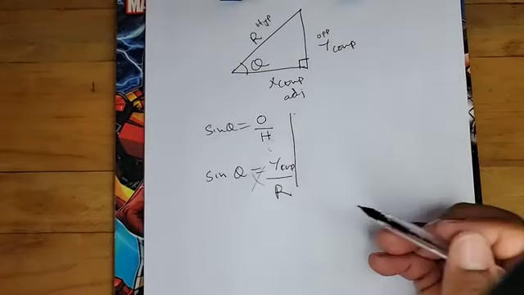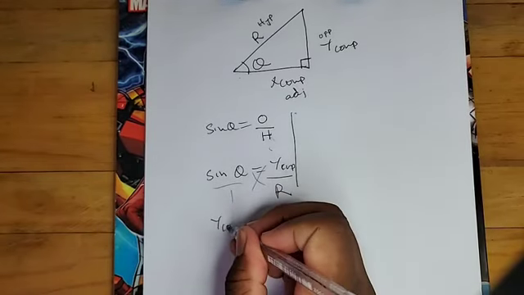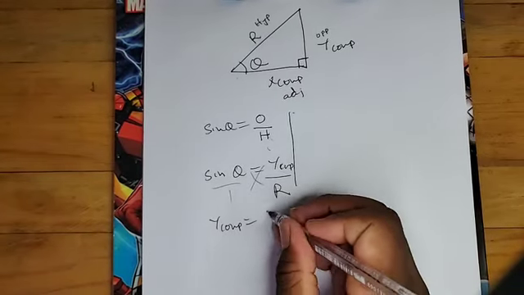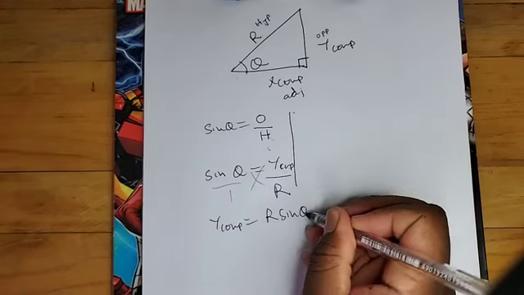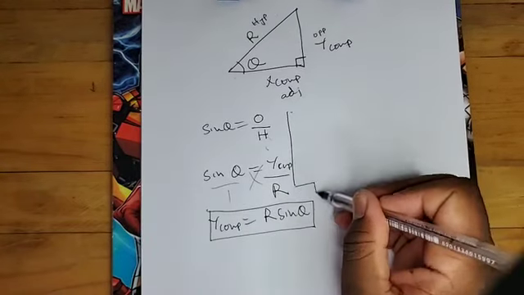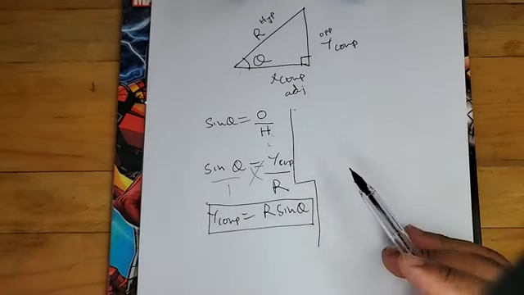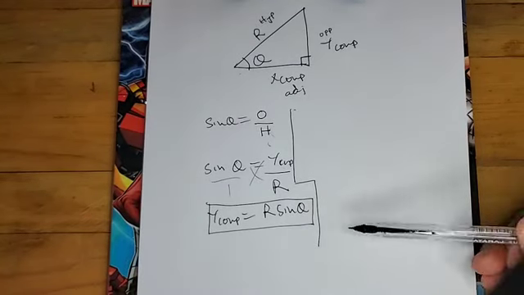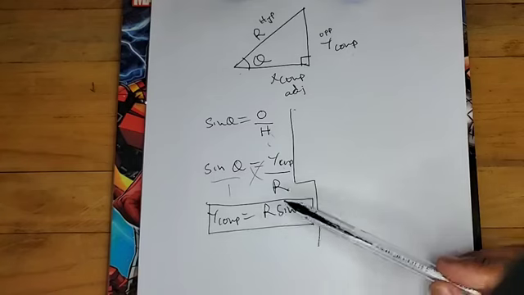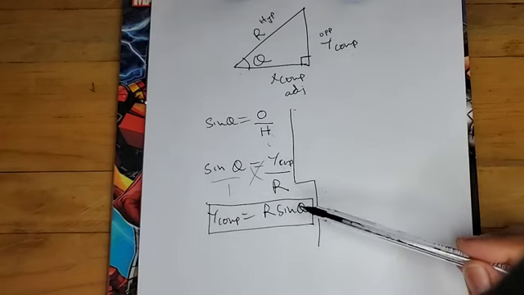If we cross multiply, this is as good as over 1. So that is the first formula that we use to divide a vector into its components. So y is equal to r sine theta.